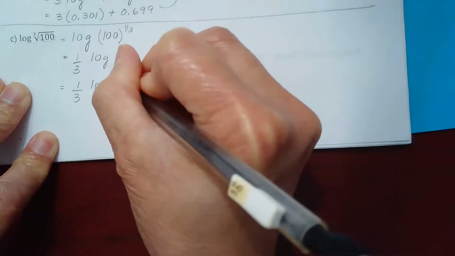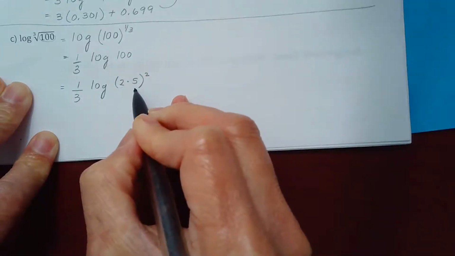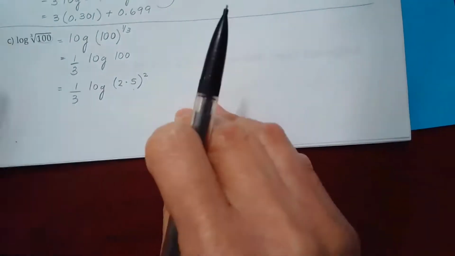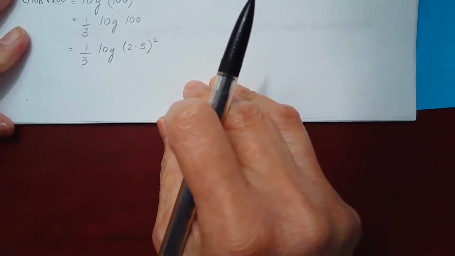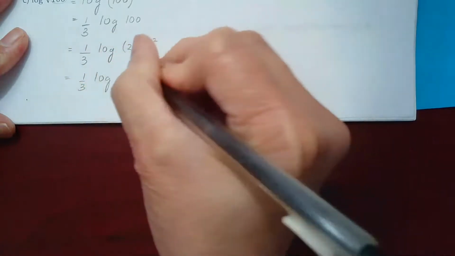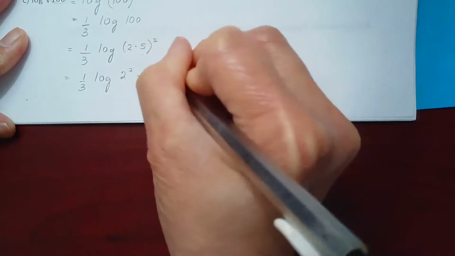Or we can say 2 times 5 squared, because 2 times 5 is 10, and then 10 squared is 100. How can we figure that out? That becomes 1/3 log of 2 squared plus 5 squared.